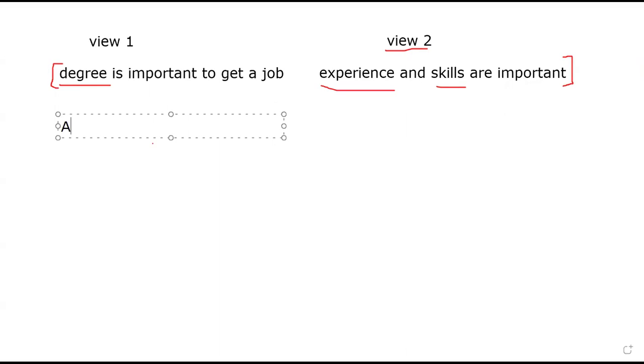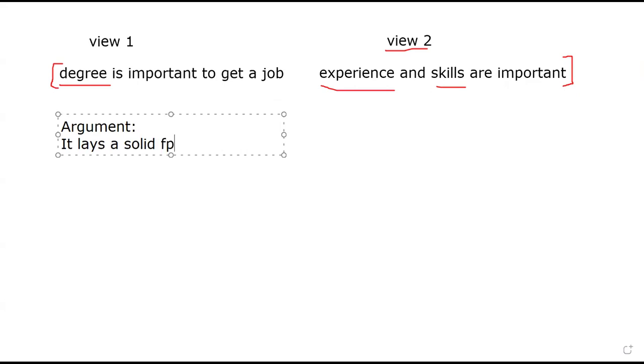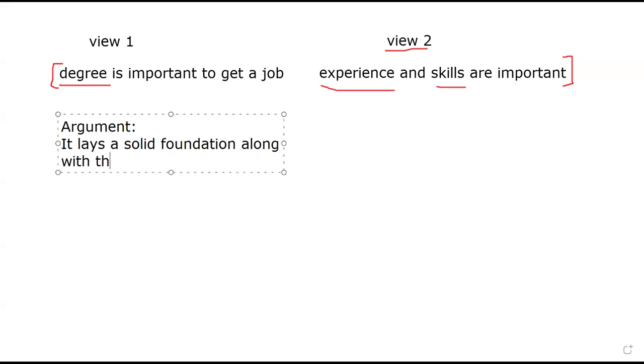Okay, so the argument for view 1 is, let's say, it lays a solid foundation along with theoretical knowledge. Okay, great.